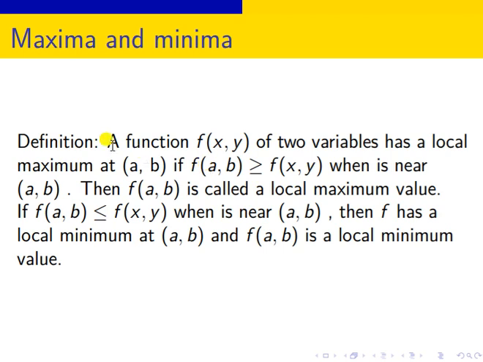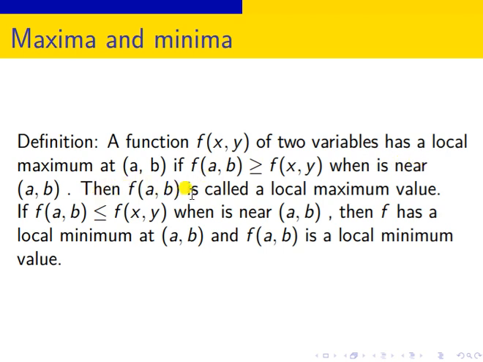So here's the definition. Let's suppose that we have a function f of x y of two variables. It has a local maxima at a comma b if f a b is greater than or equal to f x y when (x, y) is near a b.